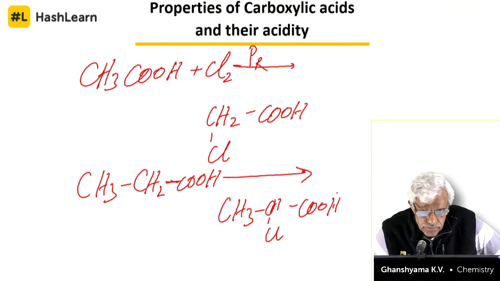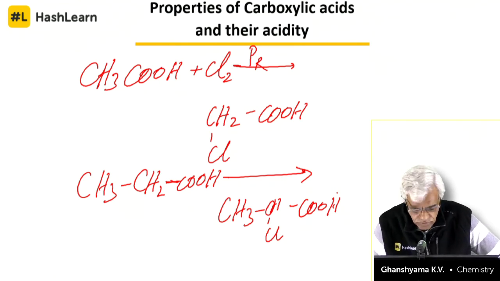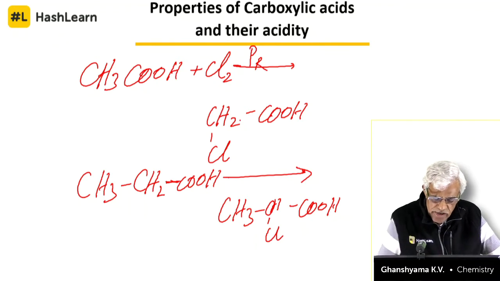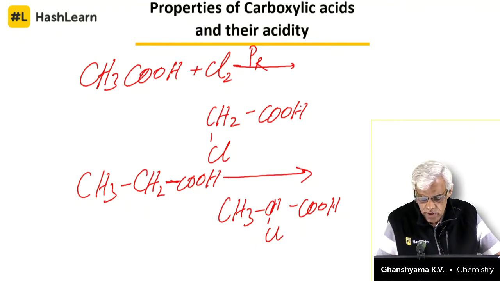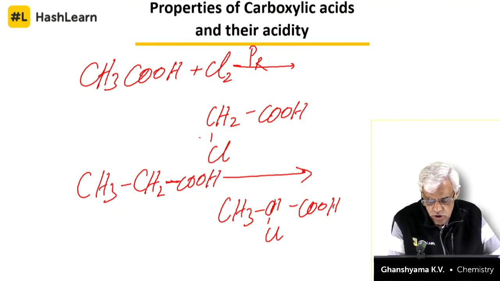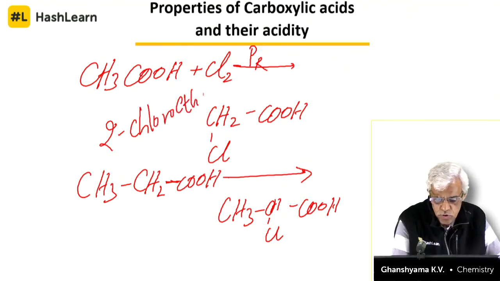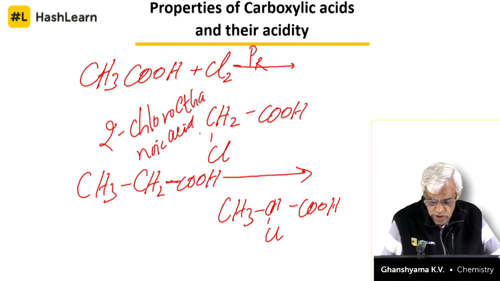Very nice. Here the alpha hydrogen atom is replaced: alpha chloroacetic acid, alpha chloropropionic acid. This is 2-chloroethanoic acid, ethanoic acid.